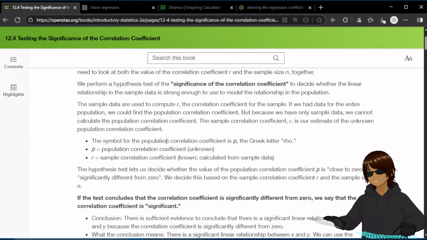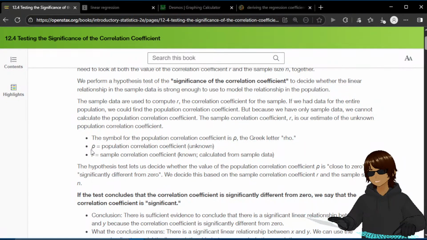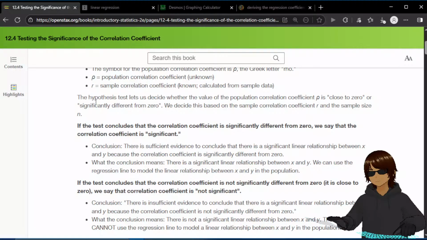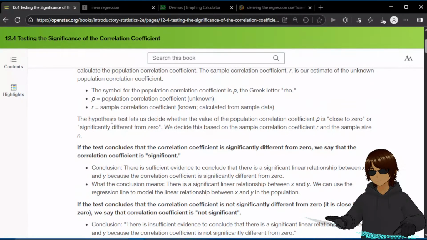The symbol for the population correlation coefficient is rho, and R is the sample correlation coefficient. So R is known, rho is unknown. The hypothesis test lets us decide whether the value of rho is close to 0 or significantly different from 0. We decide this based on R and the sample size N.